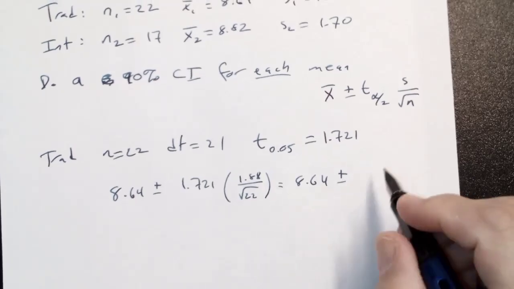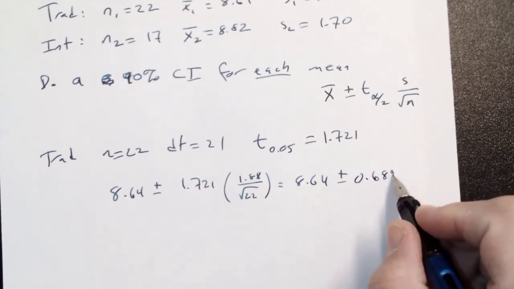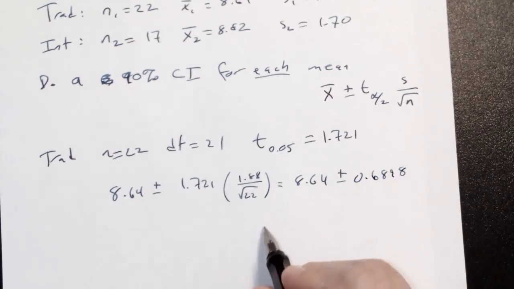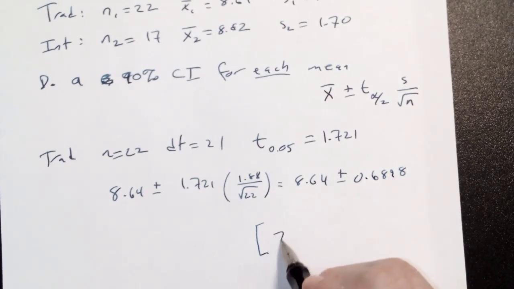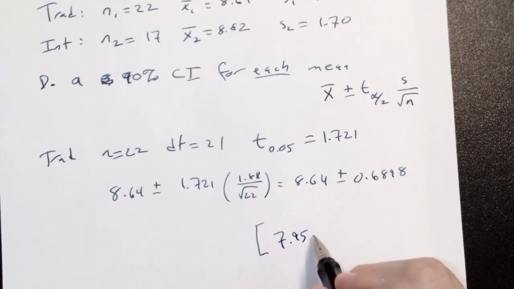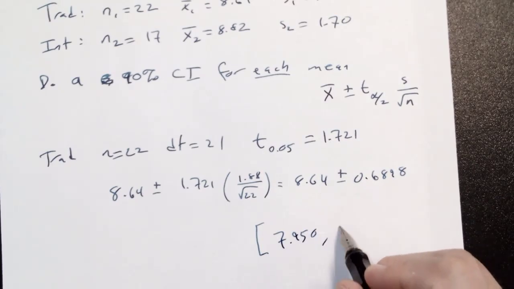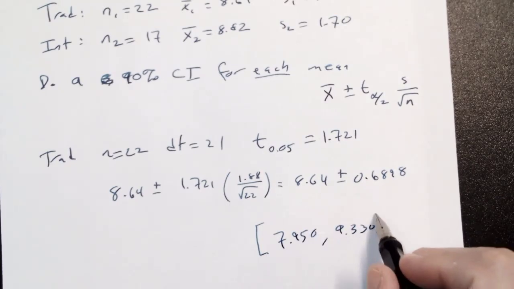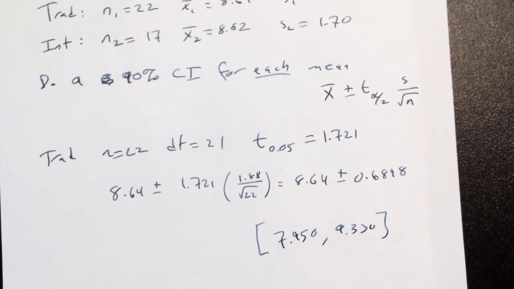Good enough? So when I add or subtract, I get 7.95 and 9.33. So that's my confidence interval for the first group.